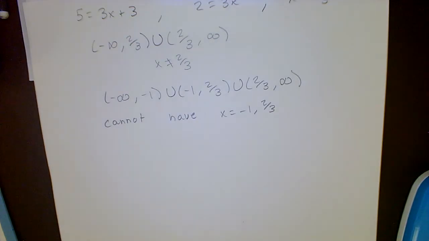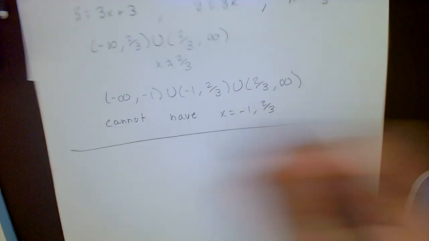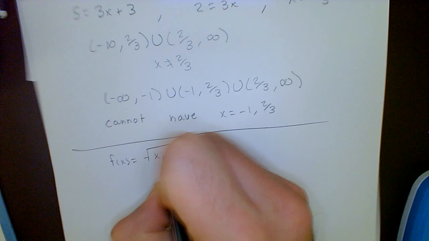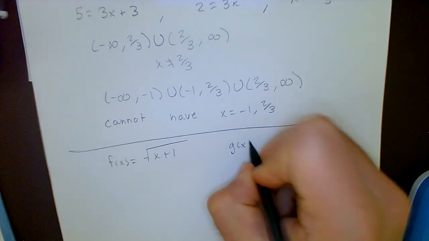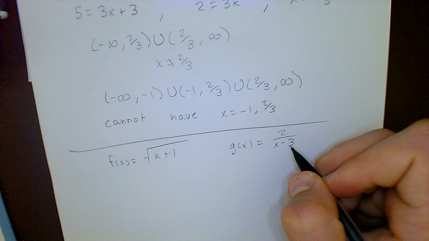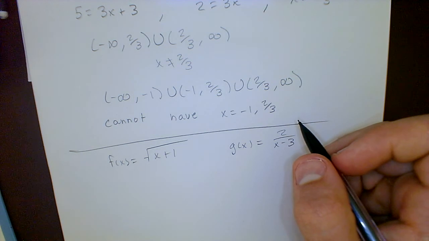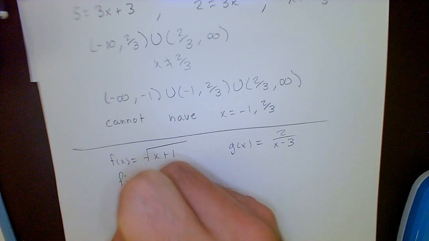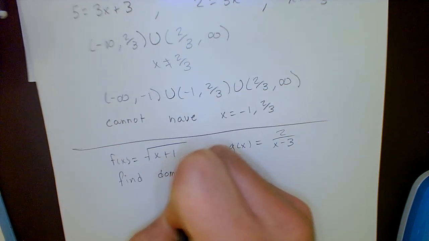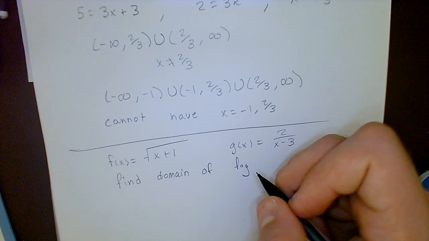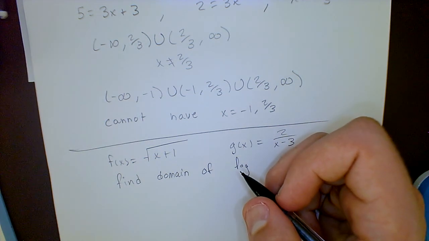Okay, so we did one where f and g were both rational expressions. Now let's do one where f of x has a radical involved, the square root of x plus 1, and g of x is equal to 2 over x minus 3. It's f from the old problem, but anyway, they want you to find the domain of f of g.